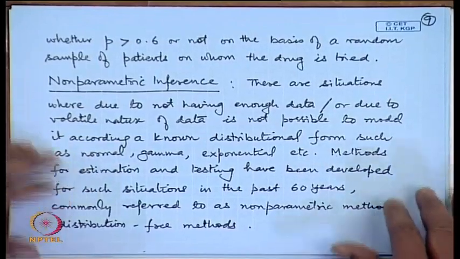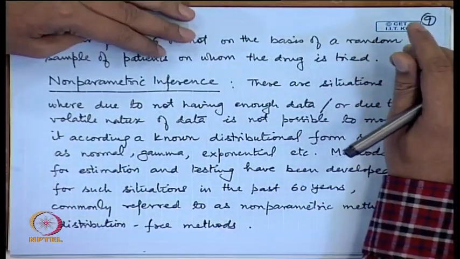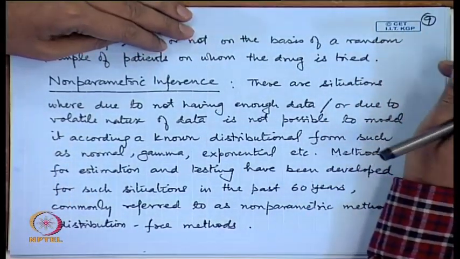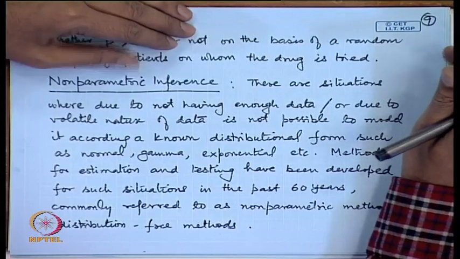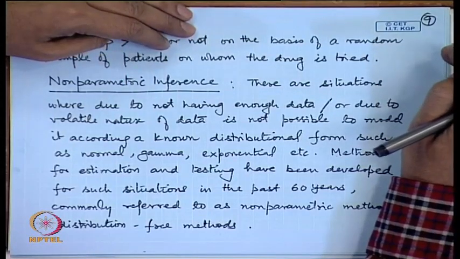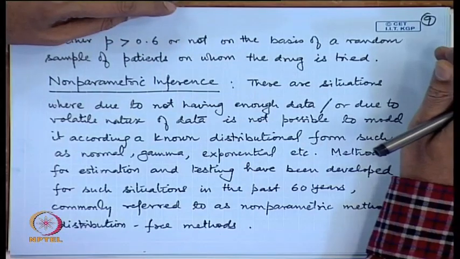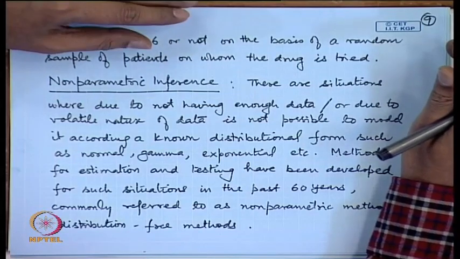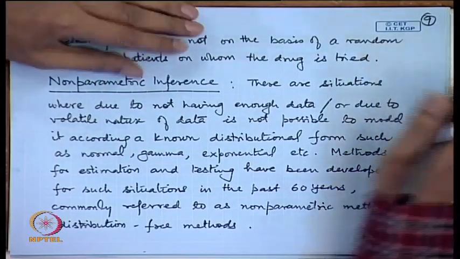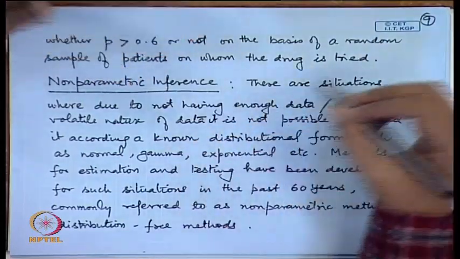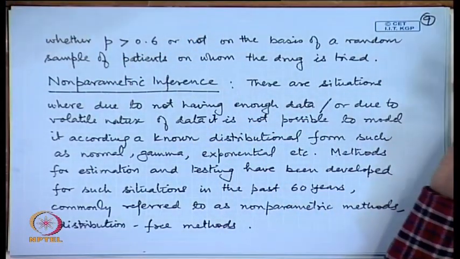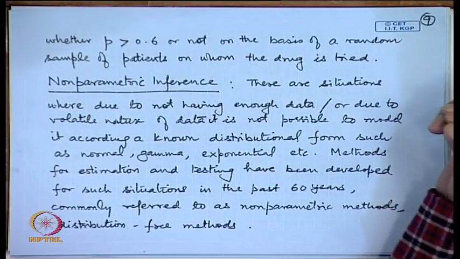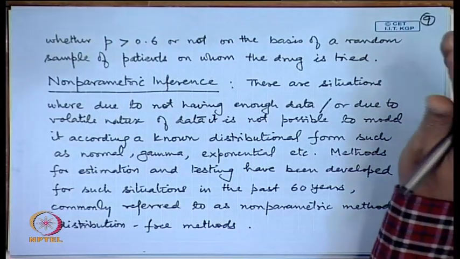There is another distinction which I would like to make at this point. There are situations where due to not having enough data or due to volatile nature of the data, it is not possible to model the data according to a known distributional form, such as normal distribution or a gamma distribution or an exponential distribution, because many times the data is huge and it may be having a lot of variations.